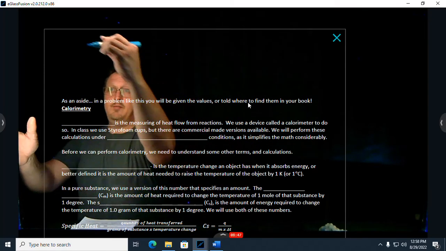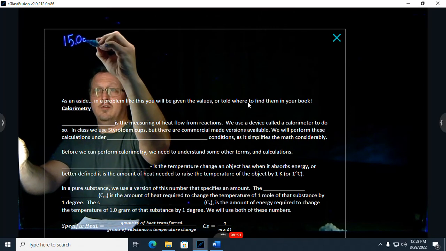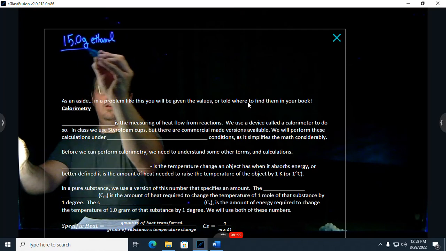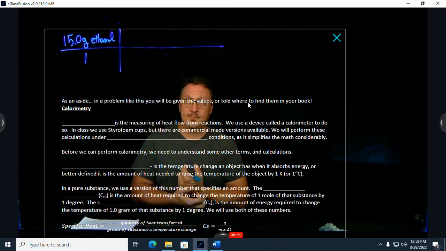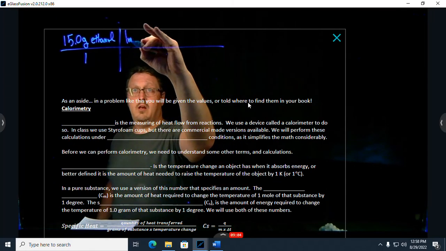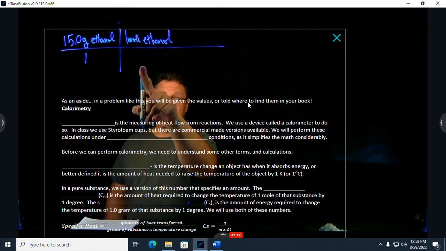Start with our 15.0 grams of ethanol, over 1. Now, we know that 1 mole of ethanol has a mass. We have to figure out what that mass is.